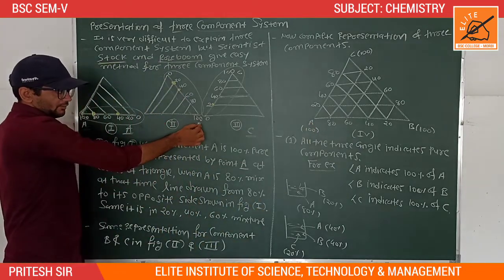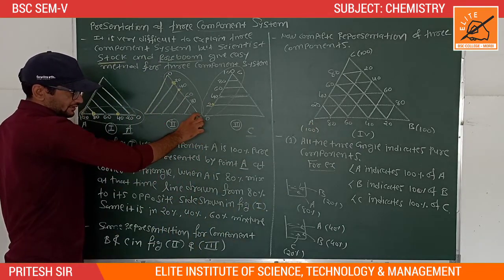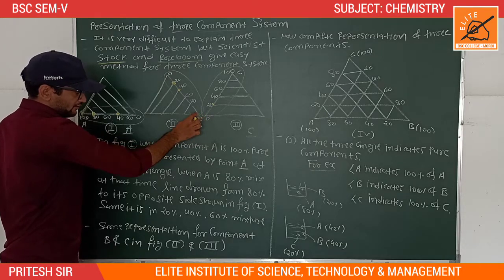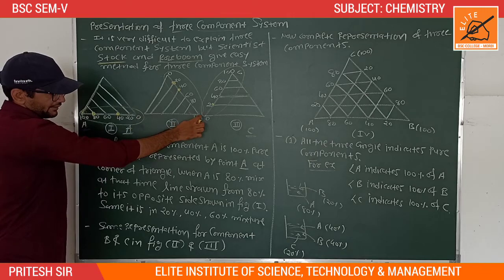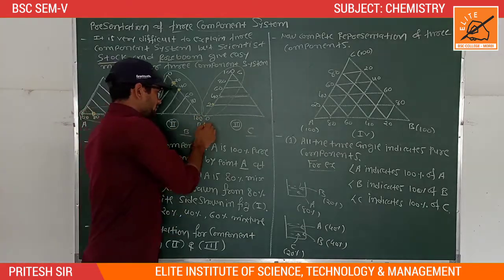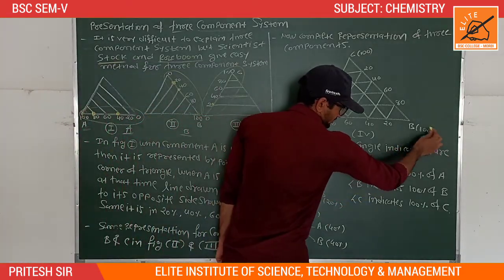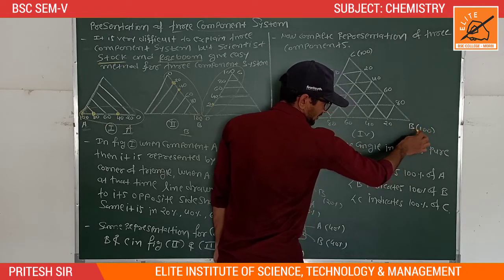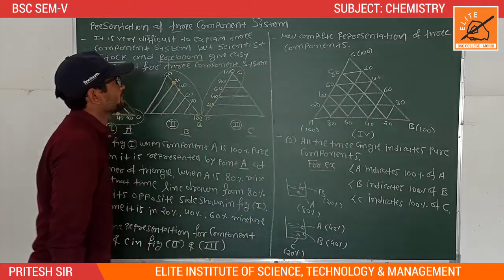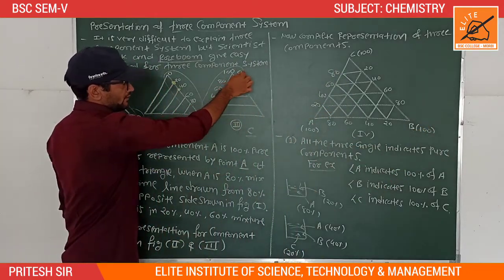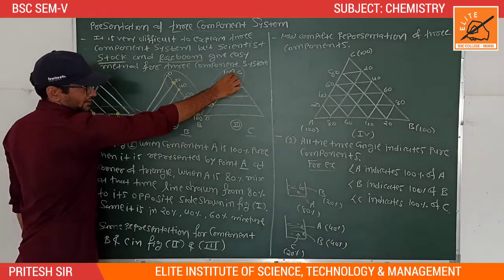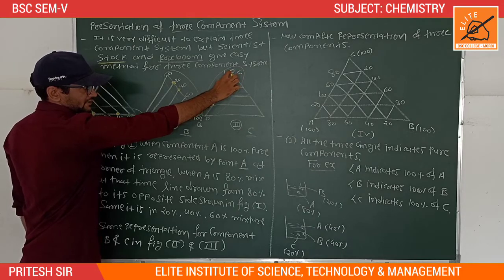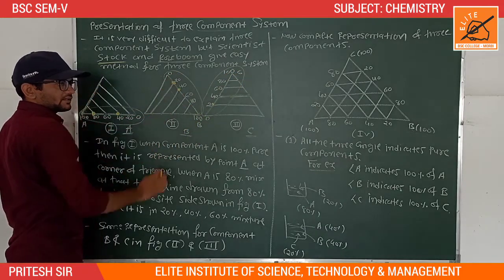Here the value of component B is 100%. At that time this point indicates the value of A is 0. Component A is 0, B is 100%. At this angle the value of component B is equal to 100%, and this point indicates the value of C is 100%. At that time this point indicates the value of C is 100% and B is 0%.